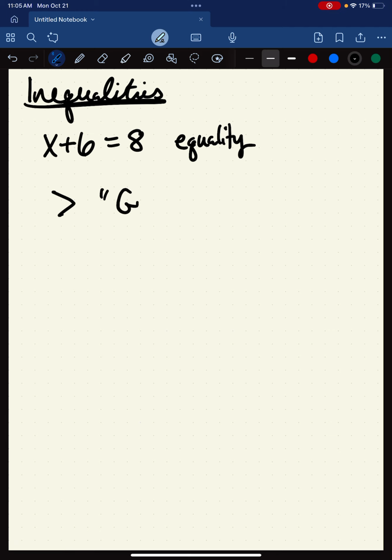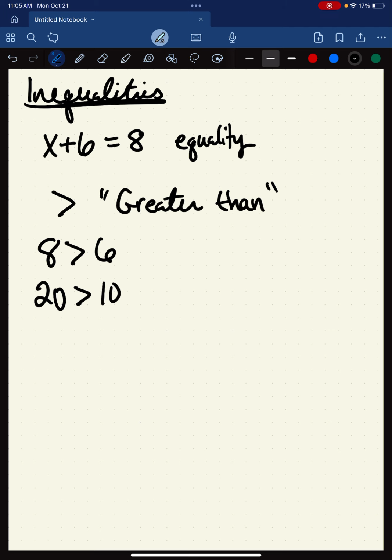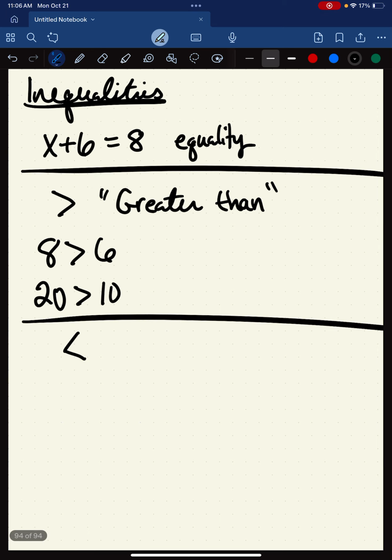So whenever you see this symbol, you read that as greater than. And so for example, we have 8 is greater than 6, 20 is greater than 10, you get the idea. And then we have a corresponding sign, this one. You read it as less than, and that works just like you would think.